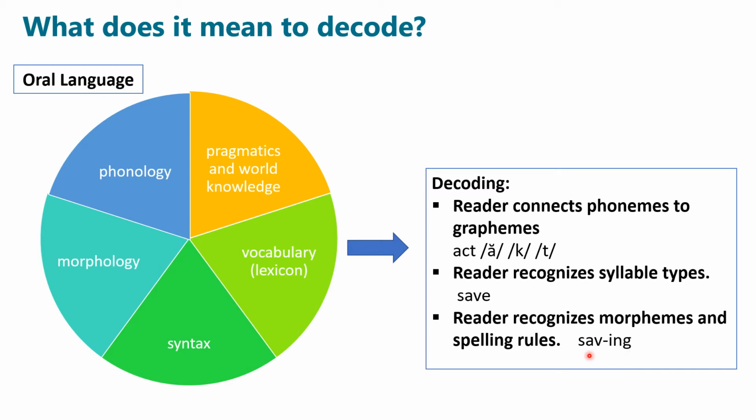And as a fluent reader, we recognize morphemes, which are the smallest units of meaning, or if you want to call this a base word, the base word is save. We recognize suffixes, right? And we understand what happened in the spelling rule. So that would be an advanced level of decoding that we want our students to be at by 3rd grade.